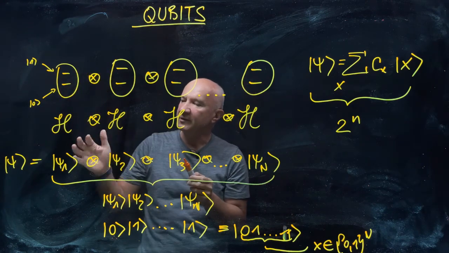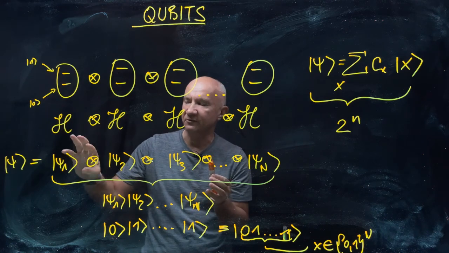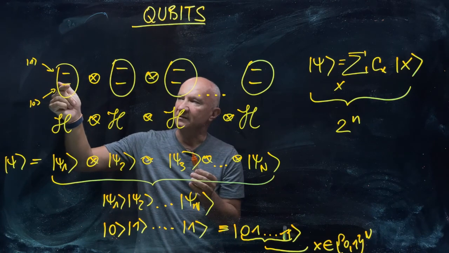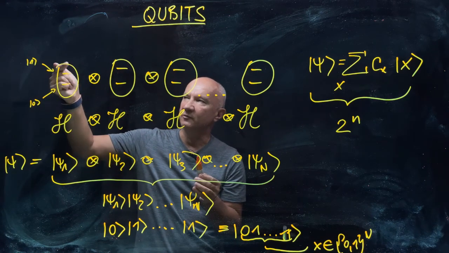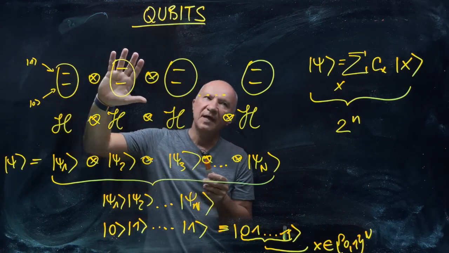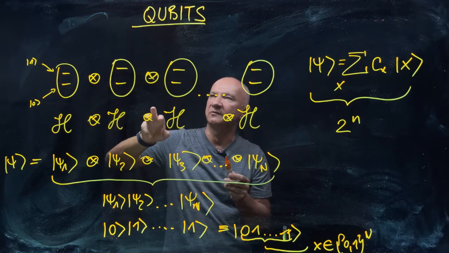In order to describe an individual state of a qubit, we need just 2 complex numbers, right? So just the probability amplitude that your qubit is in state 0 and the probability amplitude that your qubit is in state 1. So when you have n qubits, you have 2 complex numbers for this one, 2 complex numbers for this one.